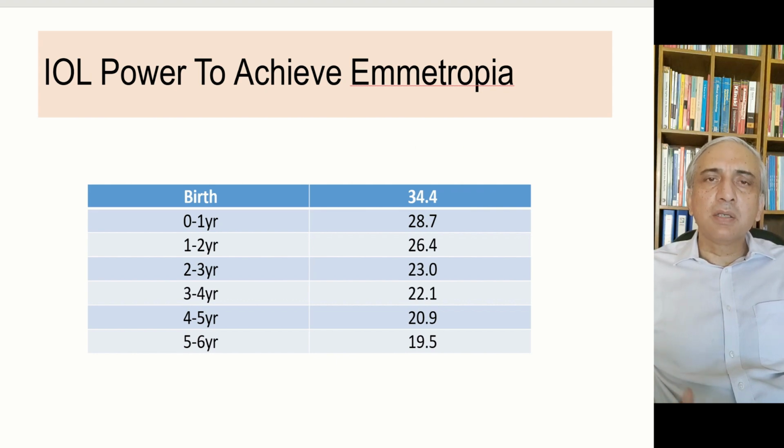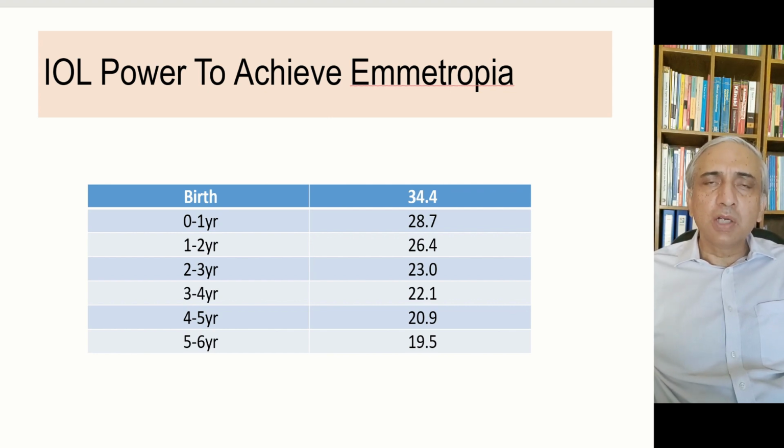At birth, if you look at the IOL powers, it's very high, about 34 diopters, but when you go to 5 to 6 years of age, it reduces to 19.5. So there's a change of about 14 diopters in 5 years. That is very crucial to what type of IOL and what power you pick.